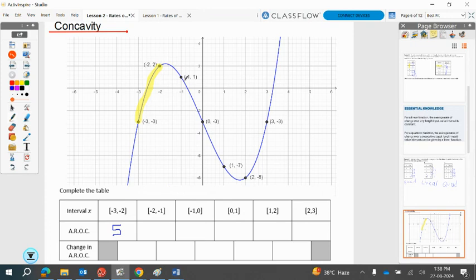Here on this next interval, the average rate of change is going down by minus 1. Our next interval, this one, minus 1 to 0. This one is going down by minus 4. This one here, also going down by minus 4.